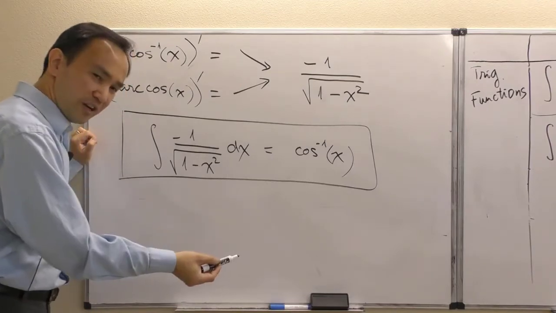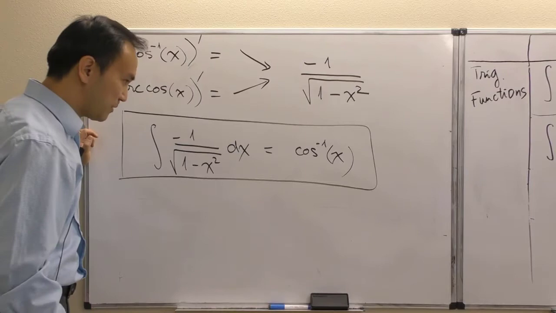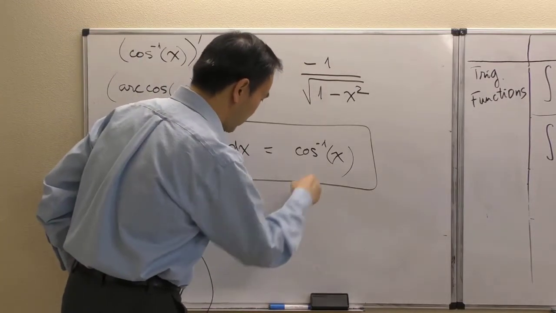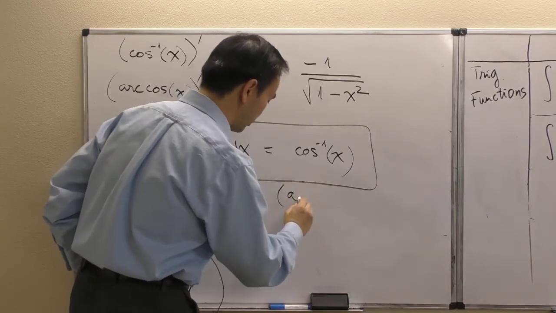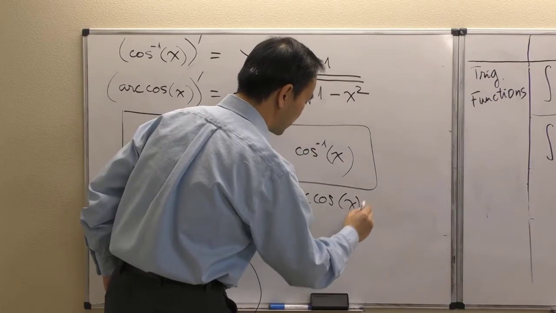If we can remember it, even though I will never require any of my students to memorize this, it's worth putting it in your memory somewhere. This function here is alternatively regarded as arc cosine of x.